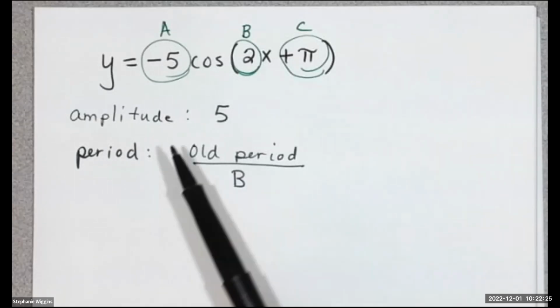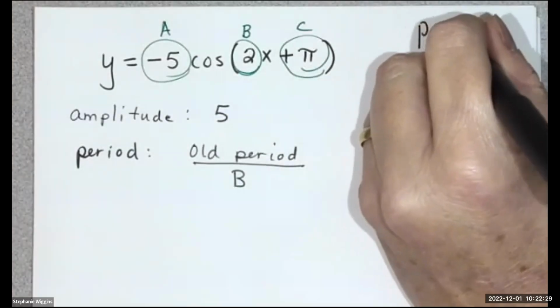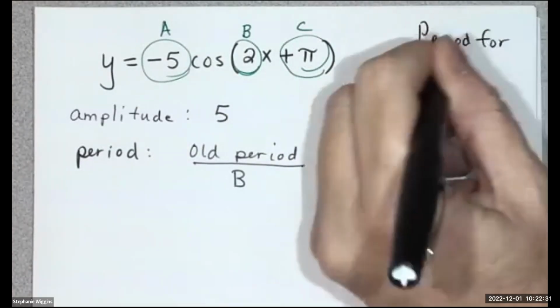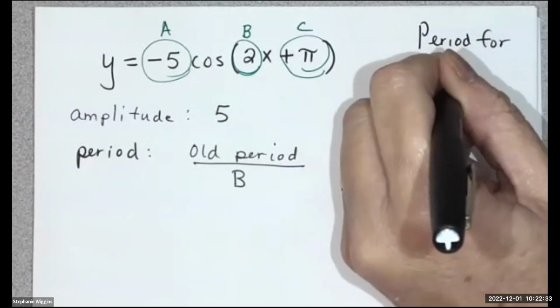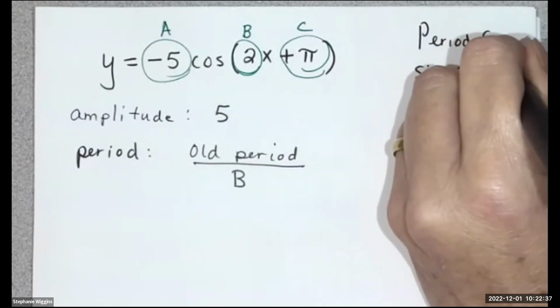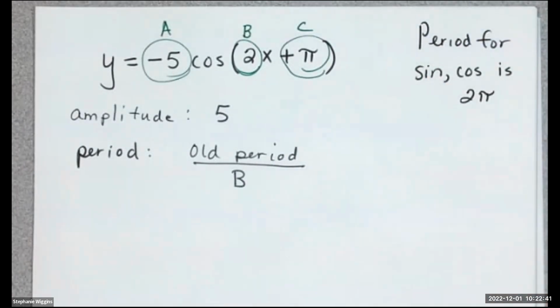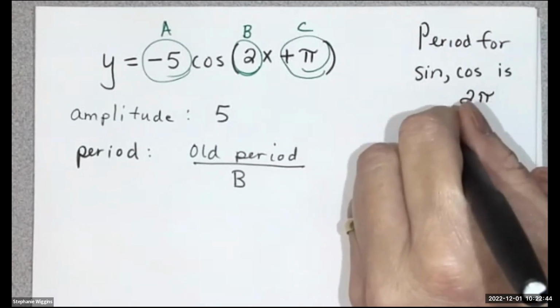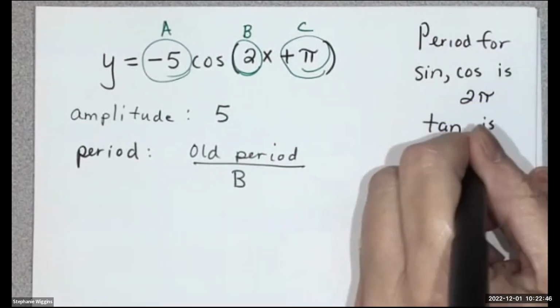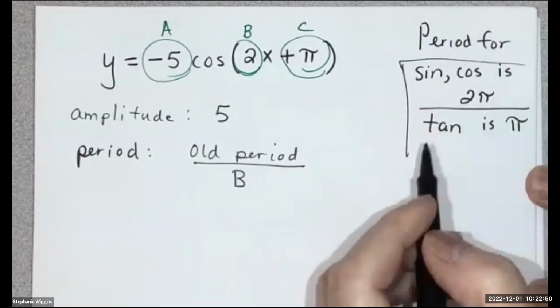The old period, the period for sine and cosine is 2 pi, and that would be the same for secant and cosecant. And then tangent has a period of pi.